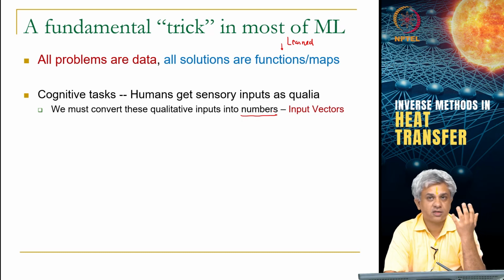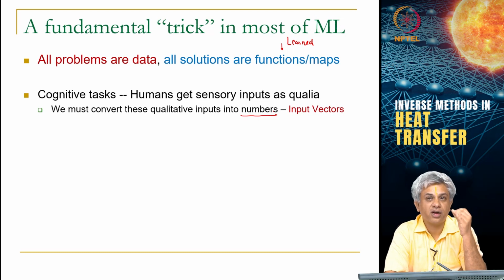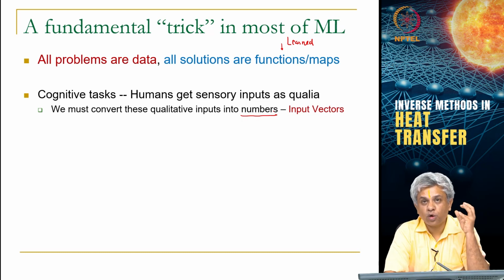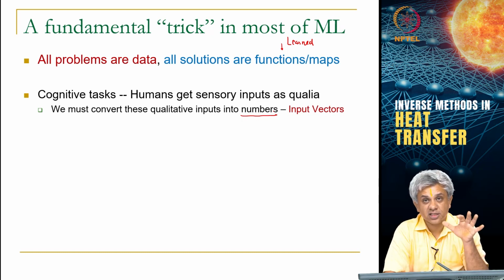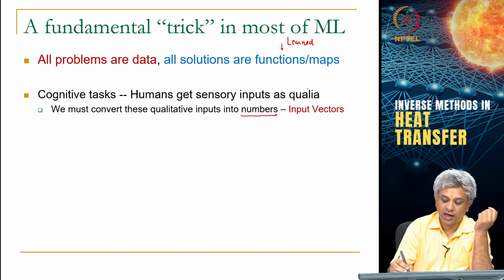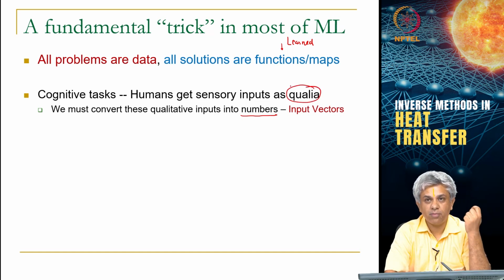But in certain cases, let's say you have an MRI scan, you have an image. Now the image appears a certain way to the doctor, but it appears in an entirely different way to the machine, which I will show you in the next few slides. To the machine, everything you give, whether it is a sound signal, an image, or a piece of text, even something as clear as what is written here, is only a bunch of numbers, and this is what we call an input vector.